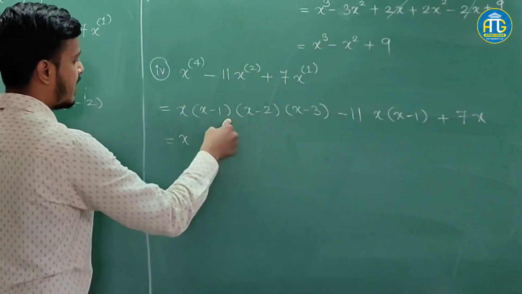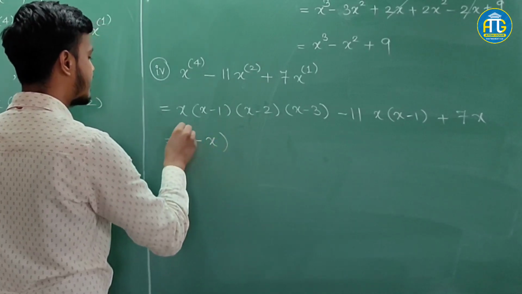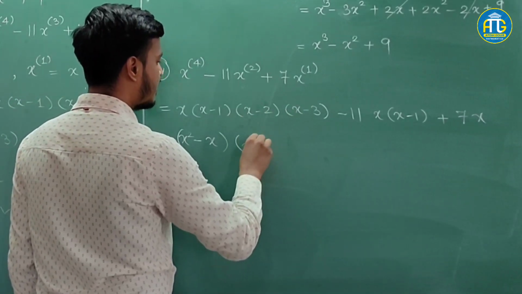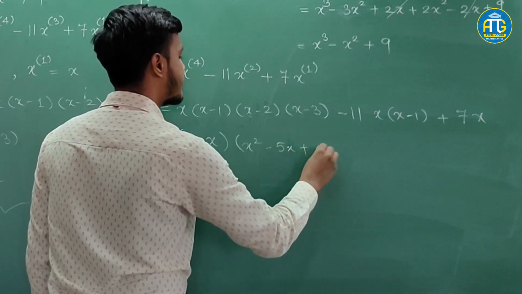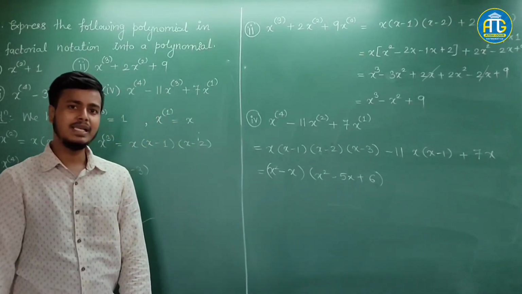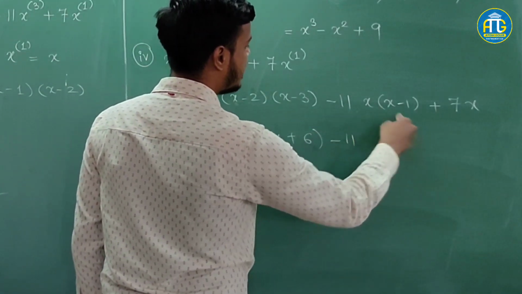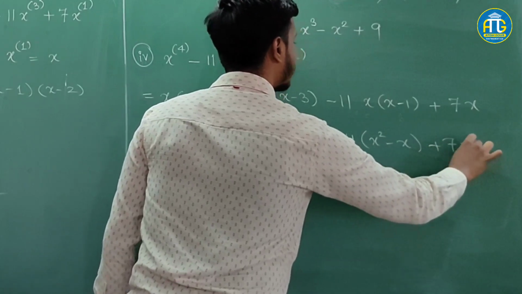Now I will multiply this: x into x is x square minus x, and multiply this, so this would be x square minus 3x minus 2x, which is minus 5x, plus 6. Very elementary, very simple. Then multiply this, minus 11 into x square minus x, plus 7x.